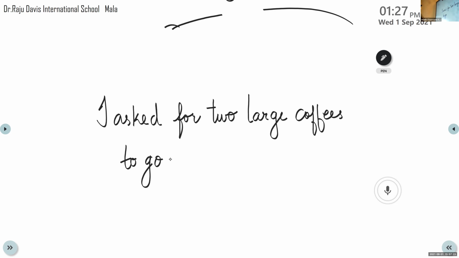Okay, this is the sentence. I asked for 2 large coffees to go. To go here means take away. You know what a takeaway is? Ma'am, we take the food from the hotel to home. Yes. Okay. So that is takeaway, which is what is supposed to be meant here.